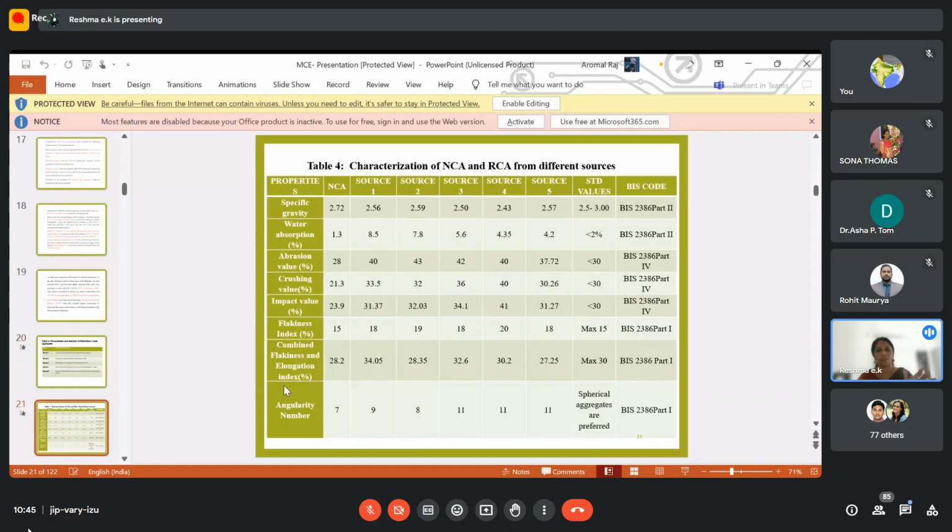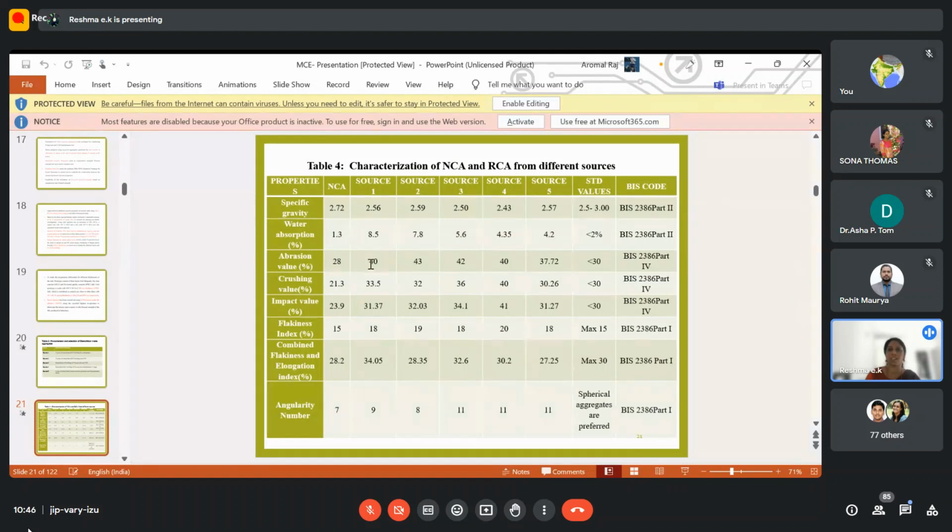And first, like every other study, we do the characterization. So here you can see this table. Water absorption for normal coarse aggregates is only 1.3. For source 1, it is so high, 8.5, then 7.8, 5.6, 4.3, 4.2. In other material characteristics also, it is so high.